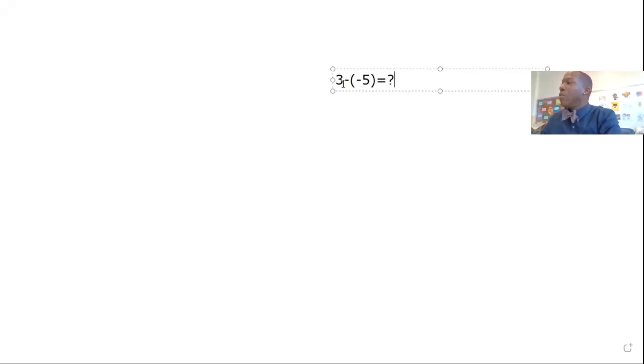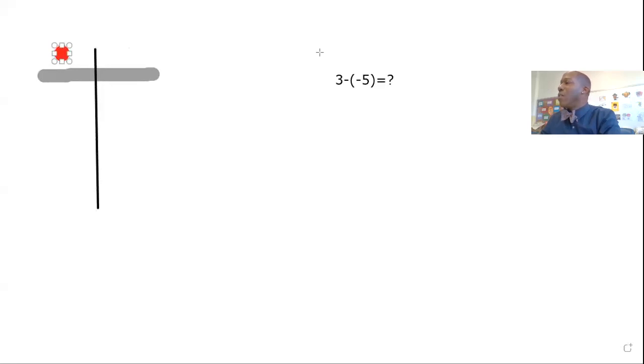Here we go. T-chart, go to my black. Oops, wrong pen. I want this one. I want black, not gray. There we go. All right, draw a closed circle, red for my negative, and I will want yellow for my positive.